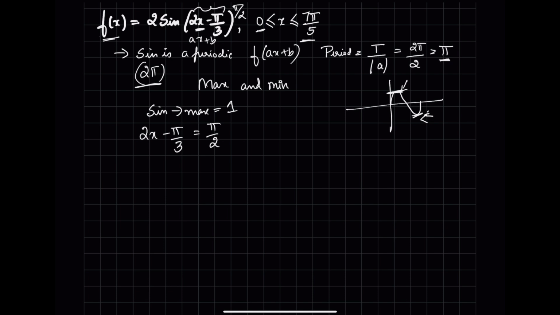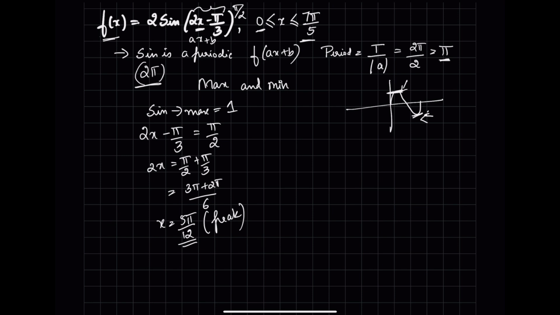Now let us solve this. 2x is equal to π/2 + π/3, which is (3π + 2π)/6. So x is 5π/12. Now when x is 5π/12, this is the peak of the graph.